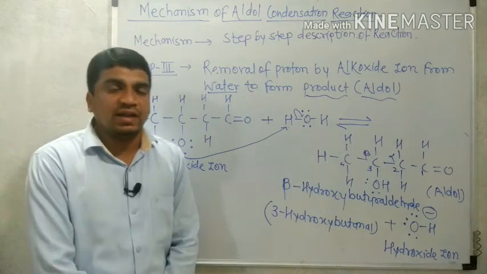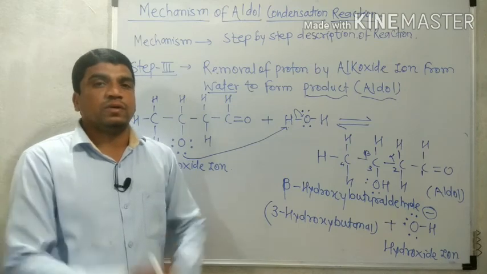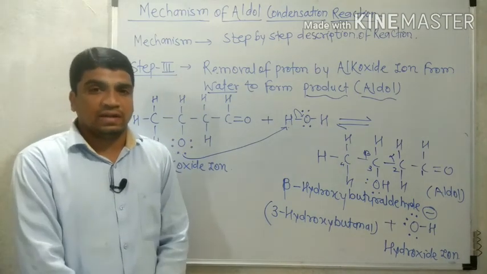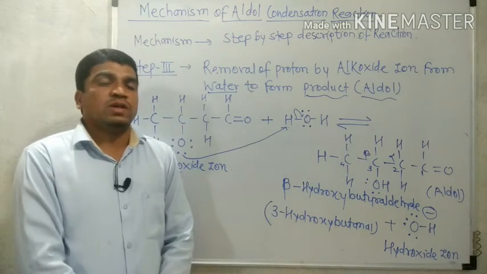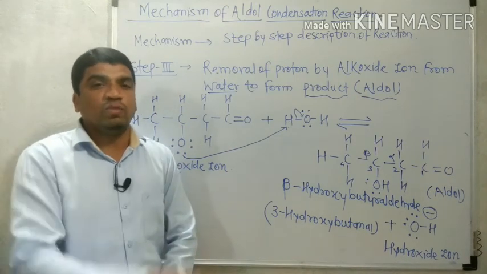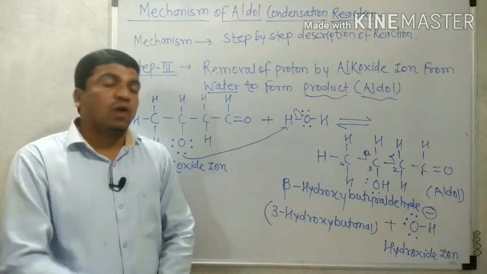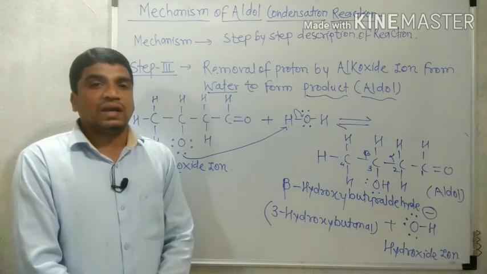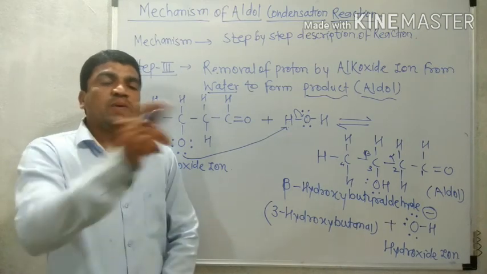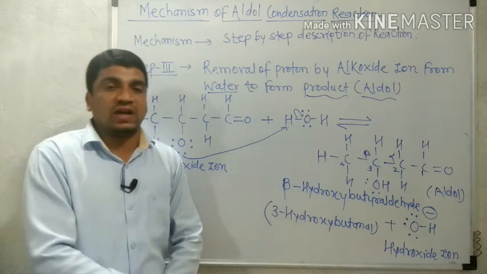So, revise again. The first step is the formation of the corresponding carbanion by the removal of an alpha hydrogen from the respective aldehyde or ketone molecule by hydroxide ion. In the second step, that carbanion attacks the second molecule of aldehyde or ketone to form the alkoxide ion.